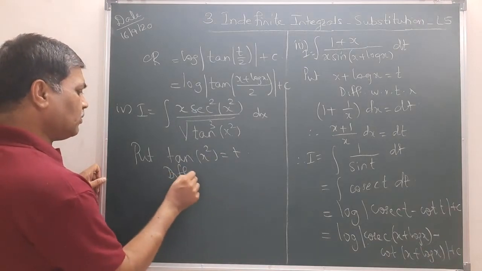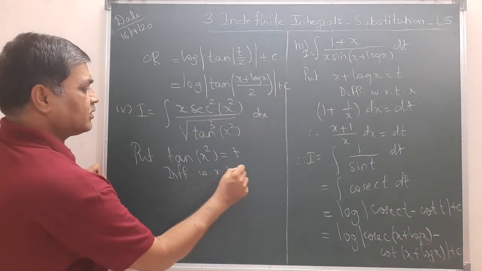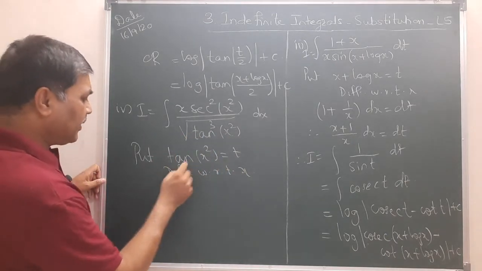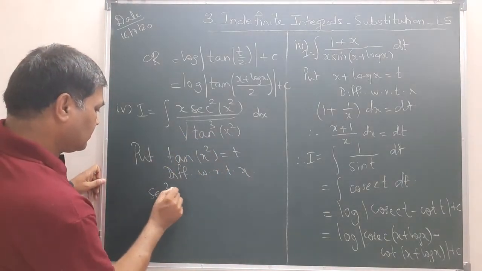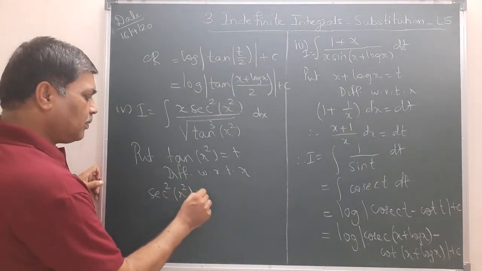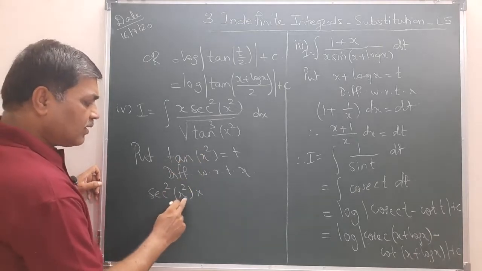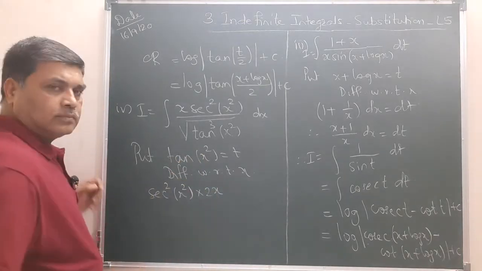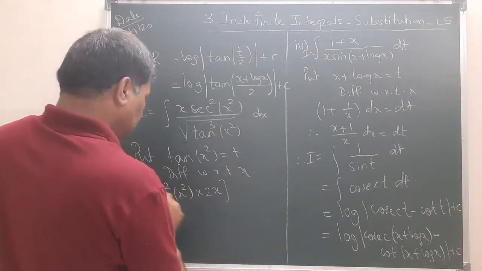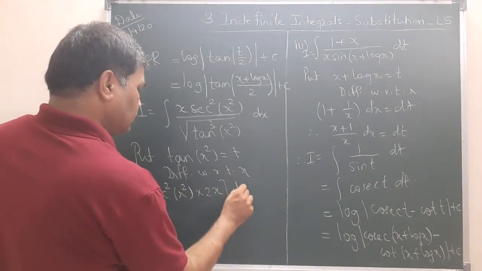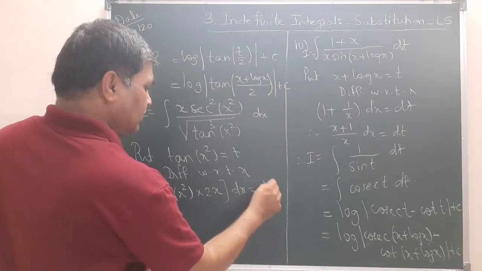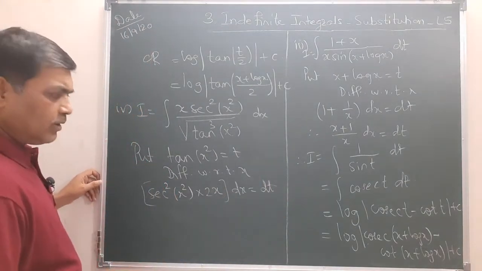Differentiating with respect to x, we will get dt by dx. What is the derivative of tan x square? Sec square x square into the derivative of x square, that is 2x, dx. dt by dx, so I am taking dx on this side, is equal to dt.